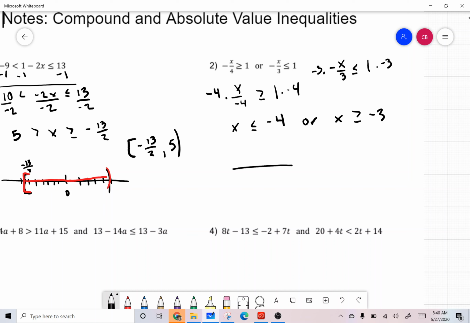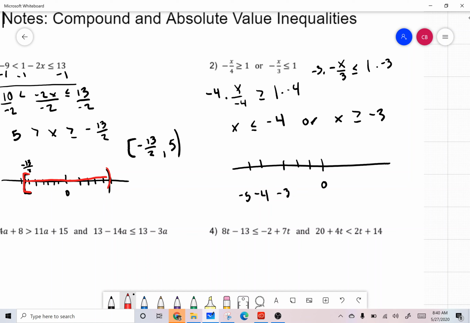So if I was to draw this, I would have the following. We have 0, negative 3, negative 4. And then now we're going to draw this.